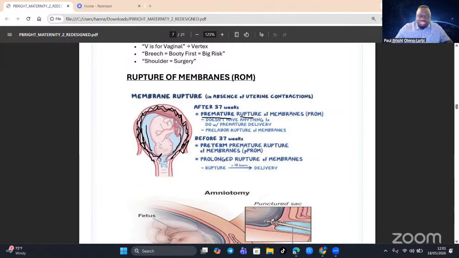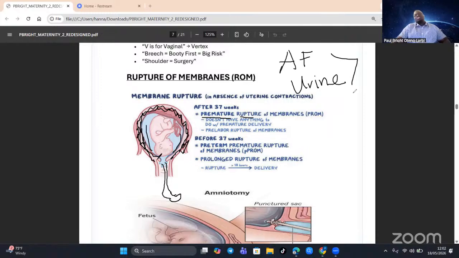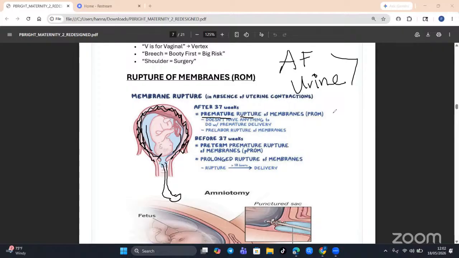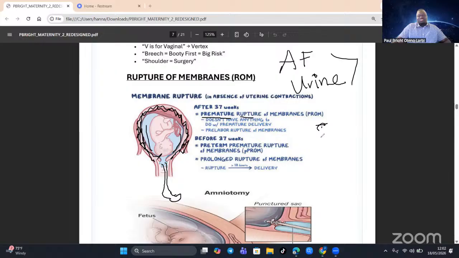A certain woman can urinate and come to the hospital saying that her membranes have ruptured. What do you think we can do to differentiate between amniotic fluid and urine? Who can tell me? Amniotic fluid and urine, who knows?